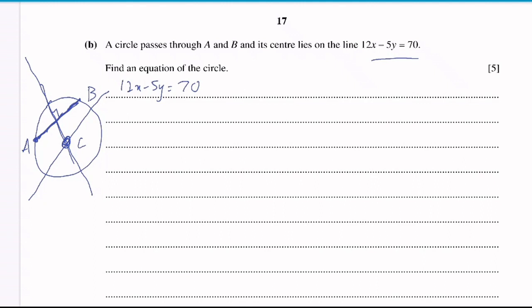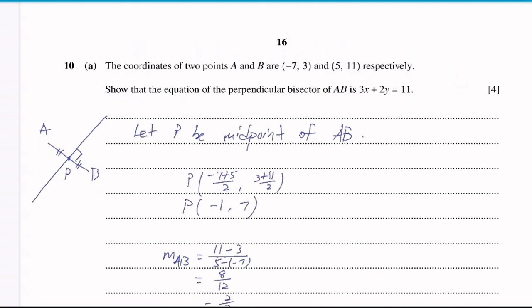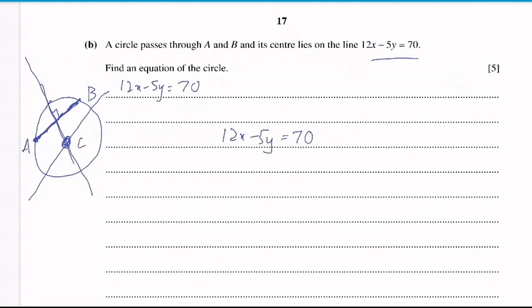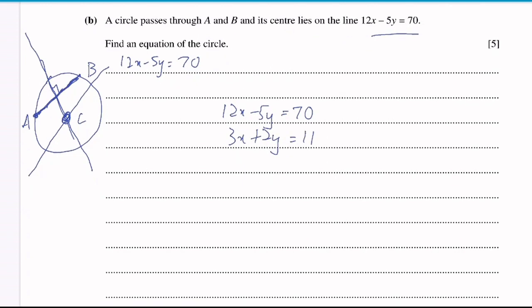So we have 12x minus 5y is equal to 70, and another equation that we have is 3x plus 2y is equal to 11. Of course, here you can choose to do anything you like, including solving simultaneously, or you can just substitute one equation into the other. It's up to you. So maybe we can use the first equation minus 4 times the equation 2.